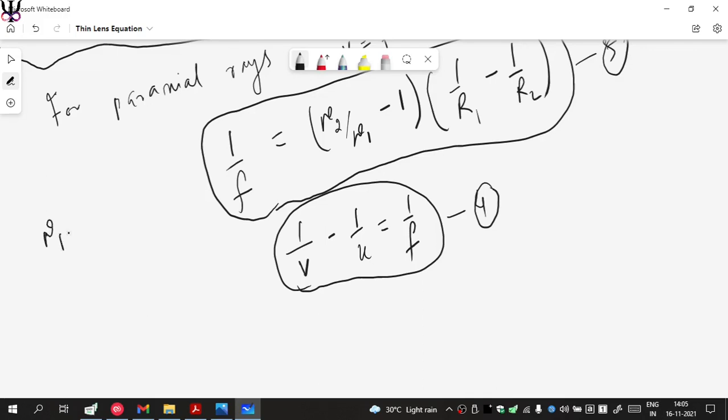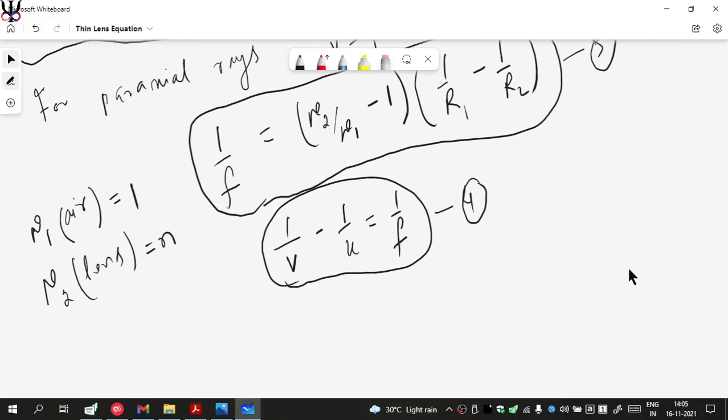That means mu1 for air is 1, because air has a refractive index of 1, and whatever the material we are using for the lens, mu2, let us call that just N. So if we write the equation again, it will be 1 by V minus 1 by U equals 1 by F, but 1 by F becomes mu2 by mu1.